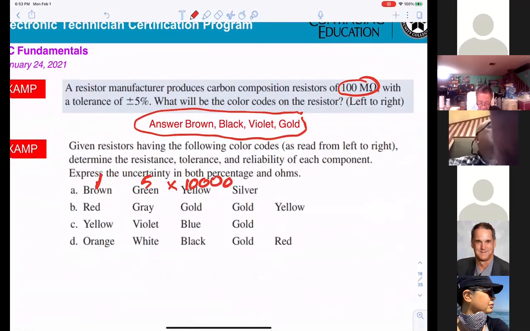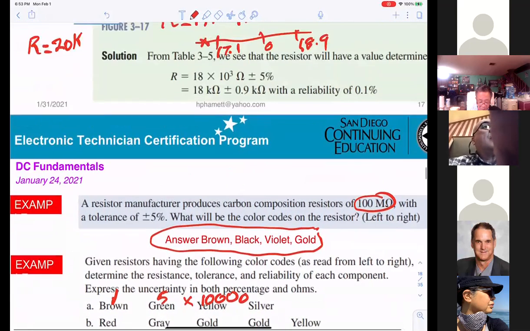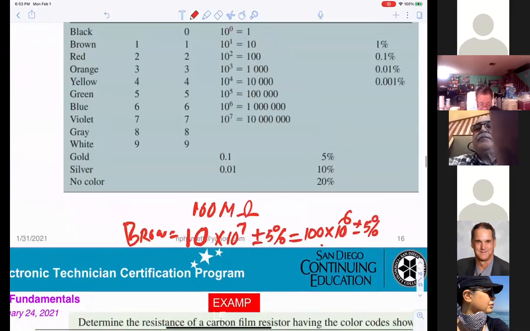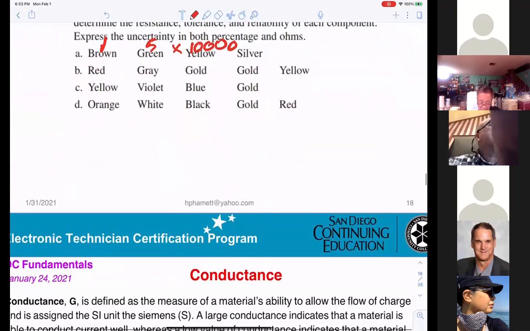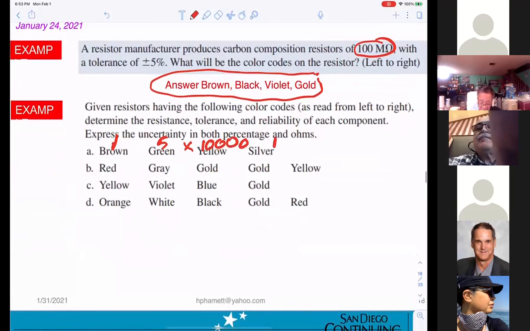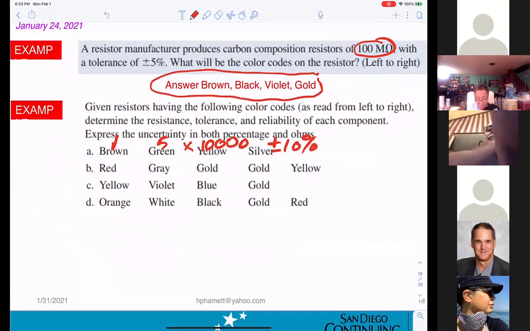Okay, silver, how many percent? 10%. Silver will be 10%. Okay? So that's what they want. So you can do for the rest.